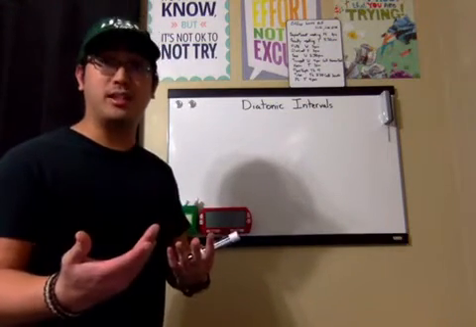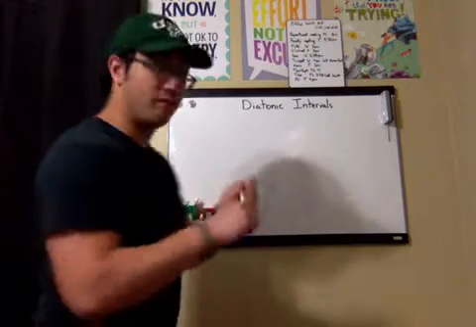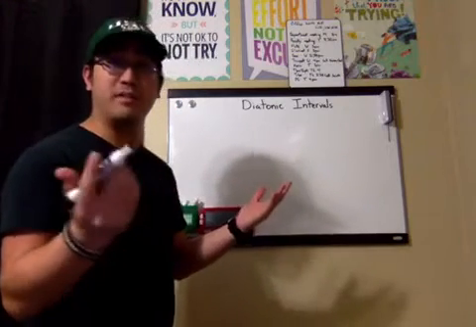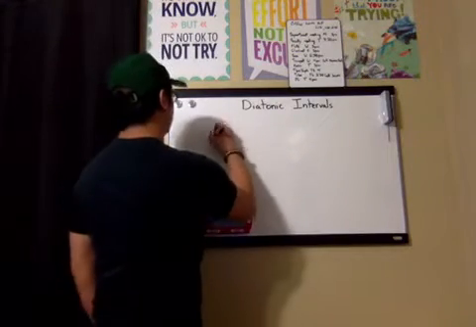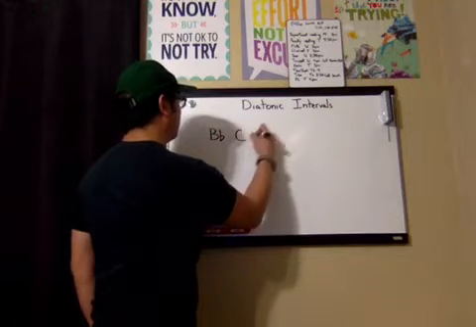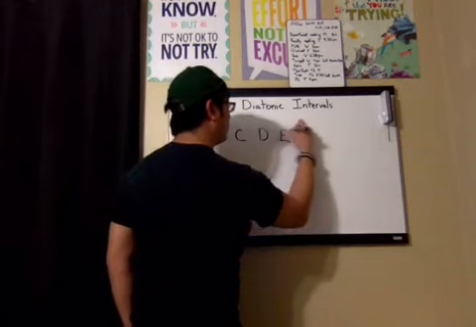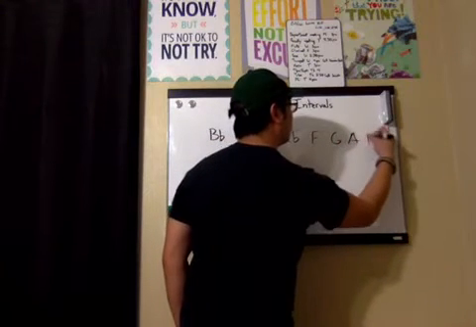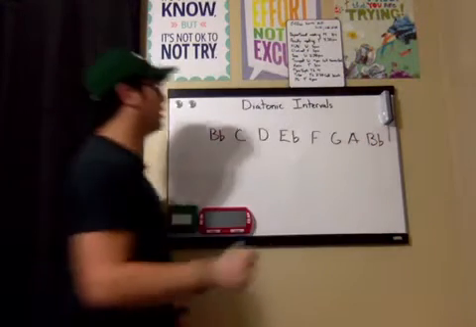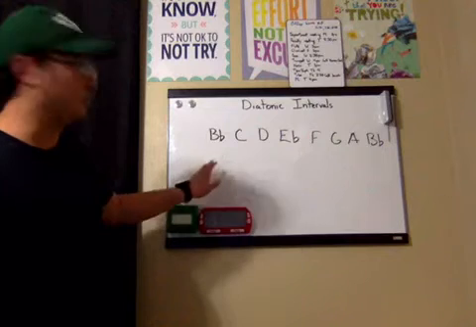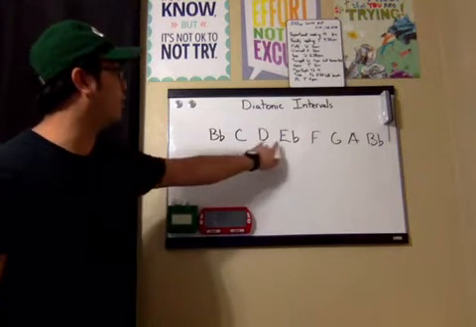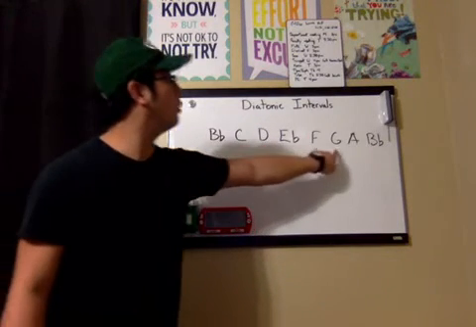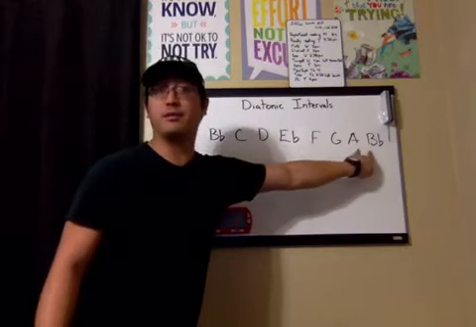So let's start with the key of B flat major. First thing we need to do is write out the B flat major scale. There we go. Remember, we use that formula: whole, whole, half, whole, whole, whole, half.